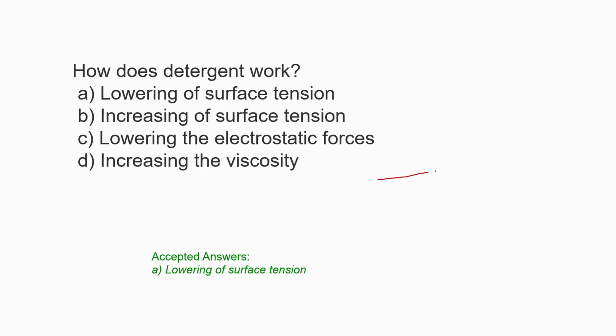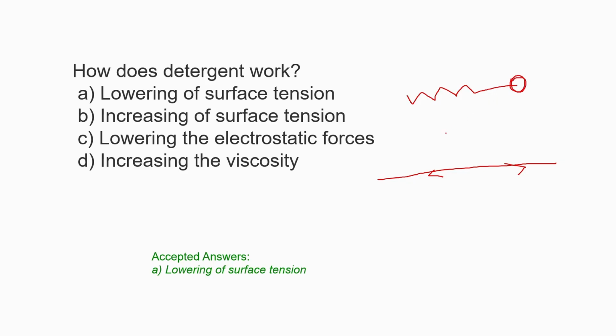So if you see, if this is the water surface, the surface tension of water is really strong. And how detergents work is, detergents have a hydrophobic tail and a hydrophilic head.